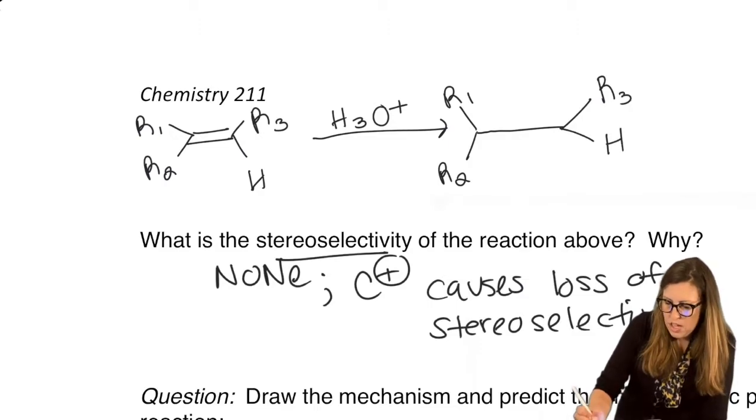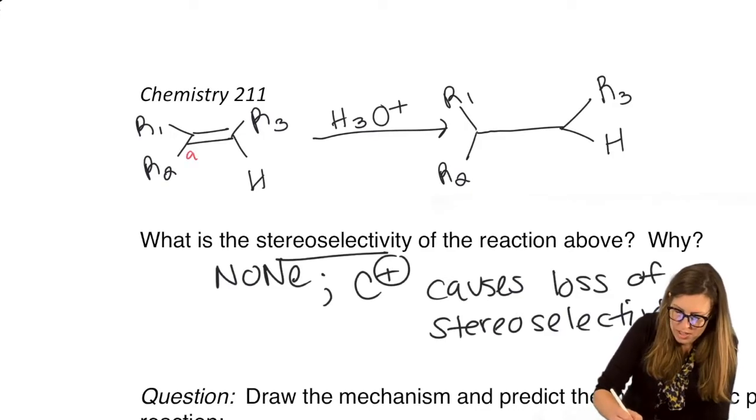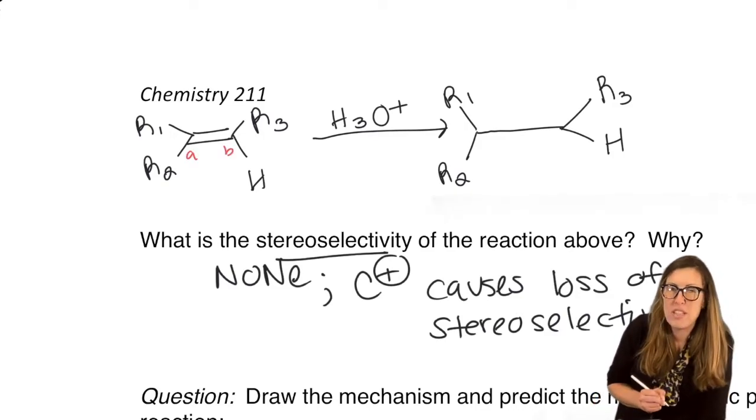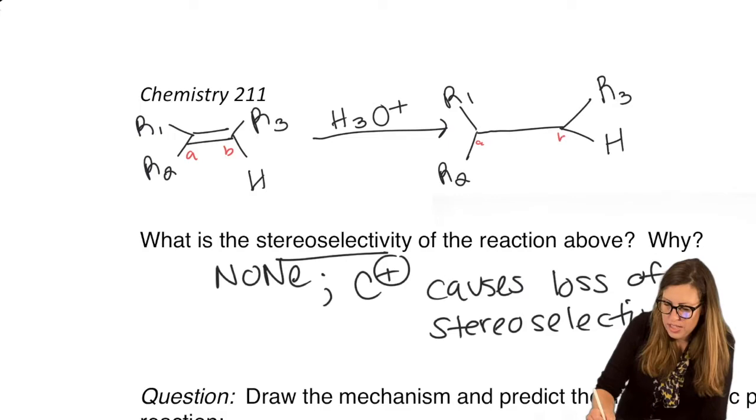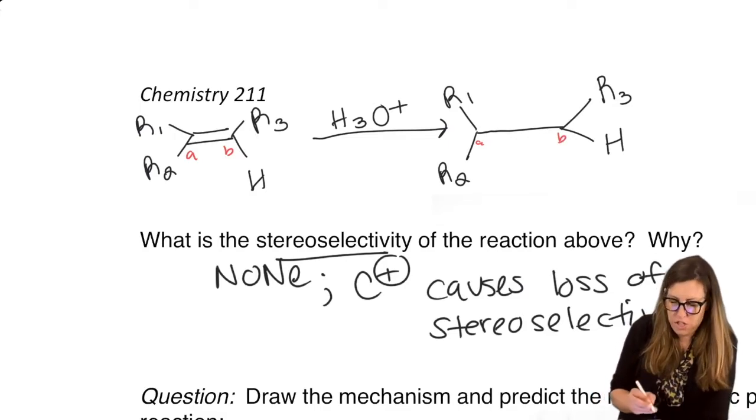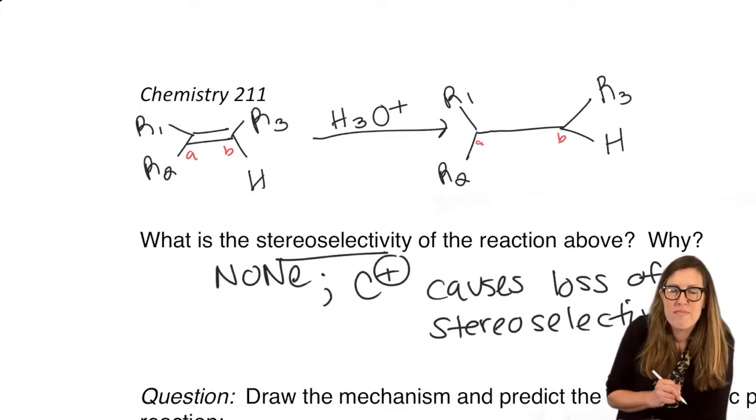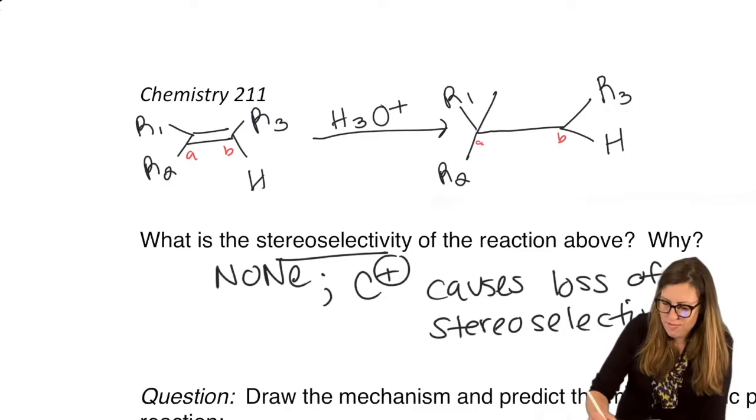So the pi bond's gone. One carbon gets the H, one carbon gets the OH. Pause and think for a minute. A and B. Does A get the OH or B get the OH? I gave A the OH, right? Markovnikov's rule. B got the new H.